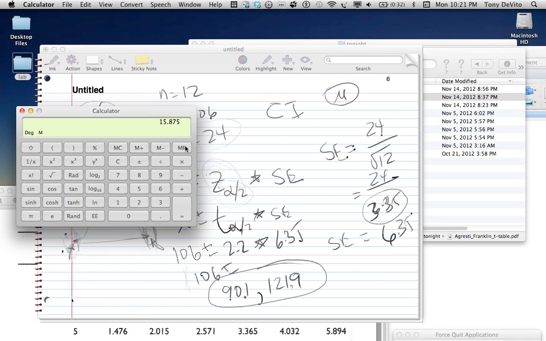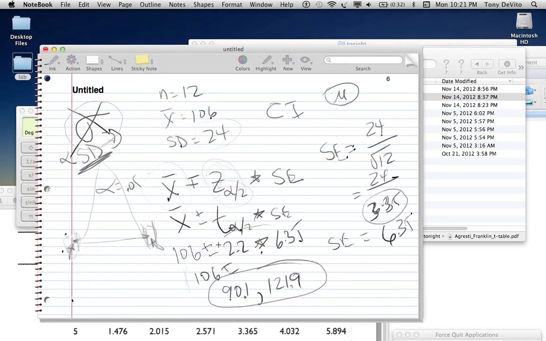And my standard error for my sample was 6.35, which I'm using to approximate the population standard deviation. And I get a number, 15, that I add and subtract to my value 106, which is my sample mean, but I'm hoping approximates the population mean.